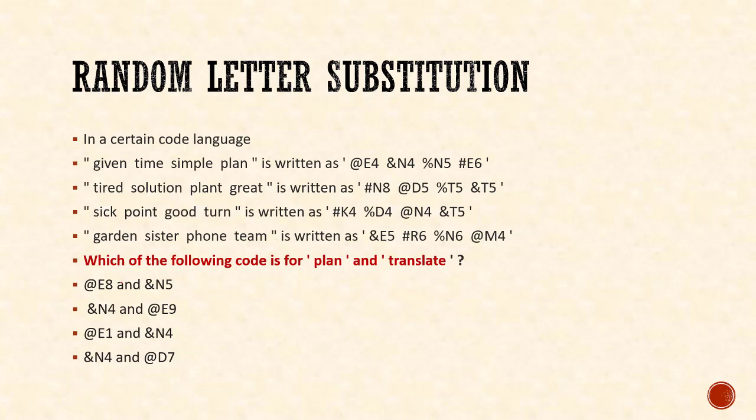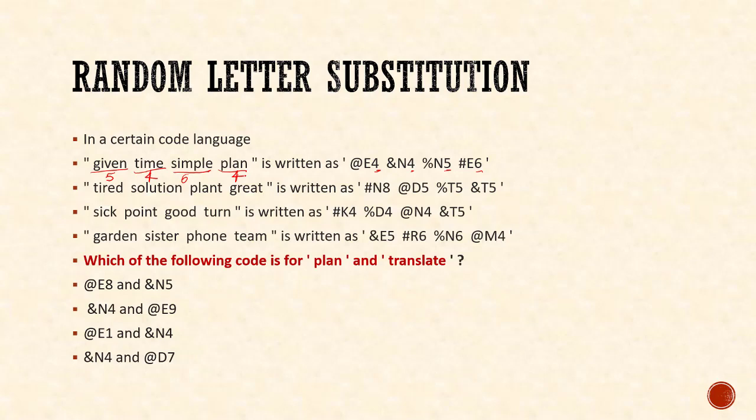Looking at the first sentence, which is given time simple plan, in the code I can see there are 4 numbers: 4, 4, 5, 6. Here, time is a 4-letter word, given is a 5-letter word, simple is a 6-letter word, whereas plan is a 4-letter word.